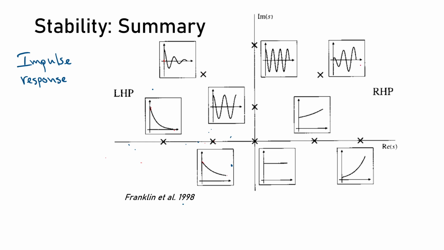You may make the system oscillate with amplitude bigger and bigger over time. And if you have real poles, both of them real, then the output is going to diverge like this.